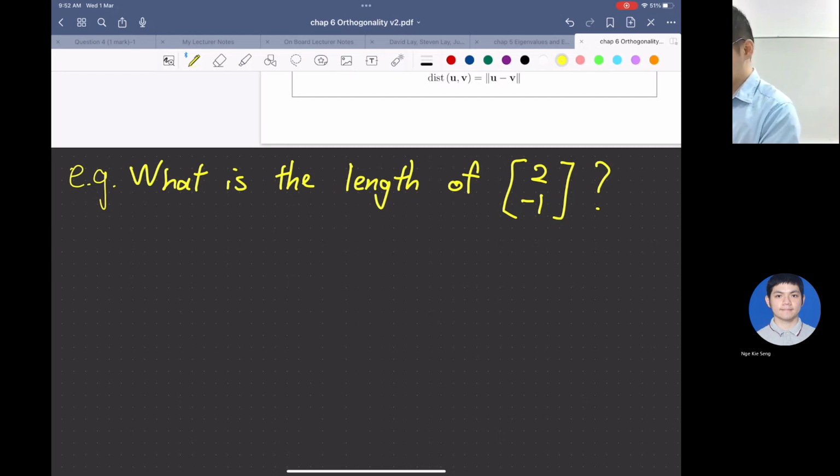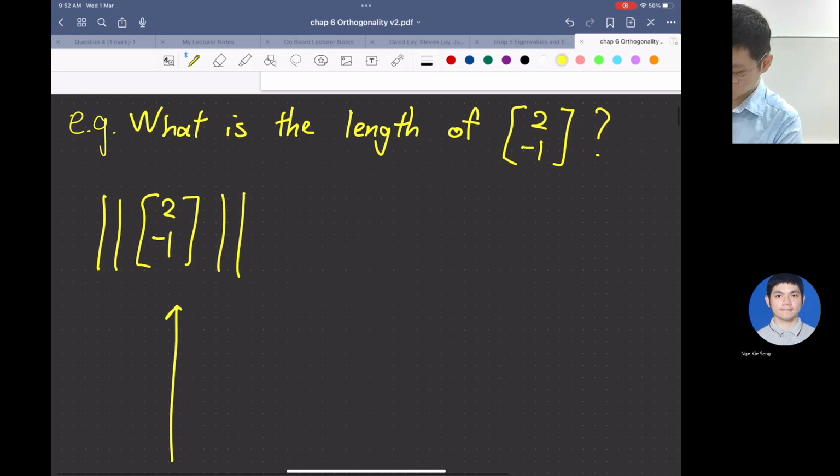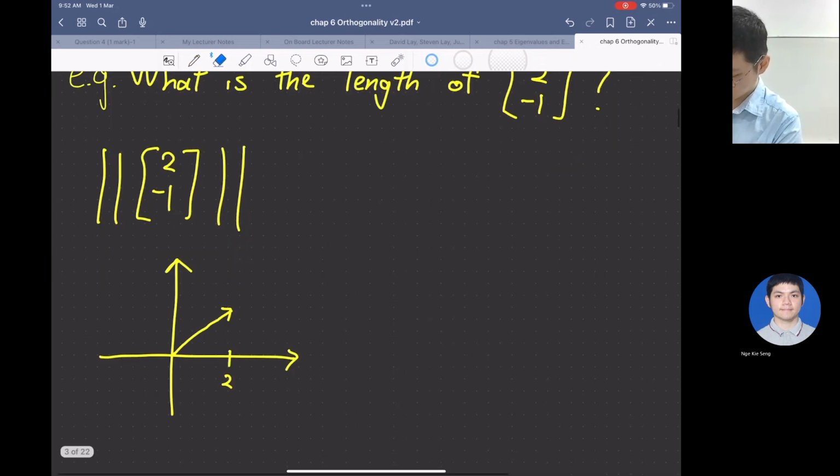Compute the length of the vector 2, minus 1. What does the vector 2, minus 1 look like? Here is 2, and then you need to go downward, minus 1, so I have to go downward.